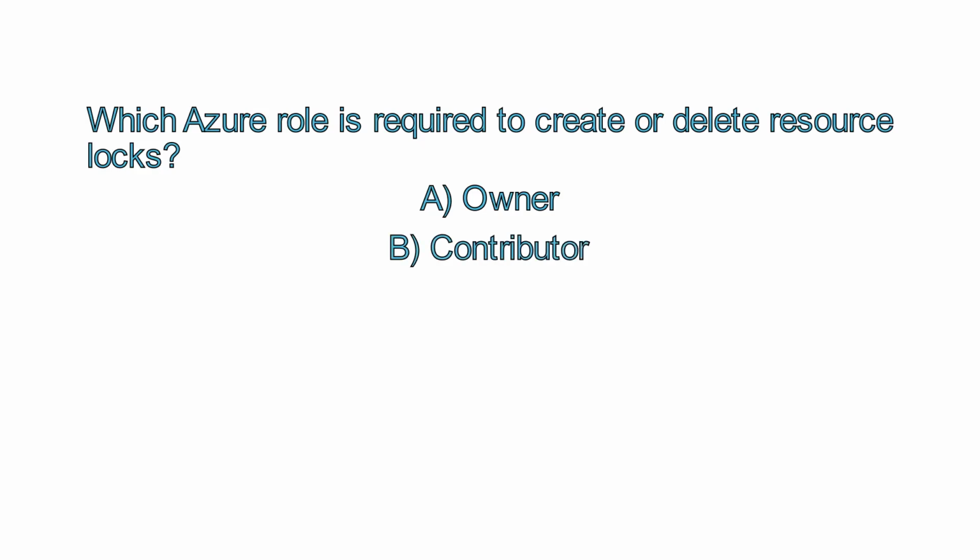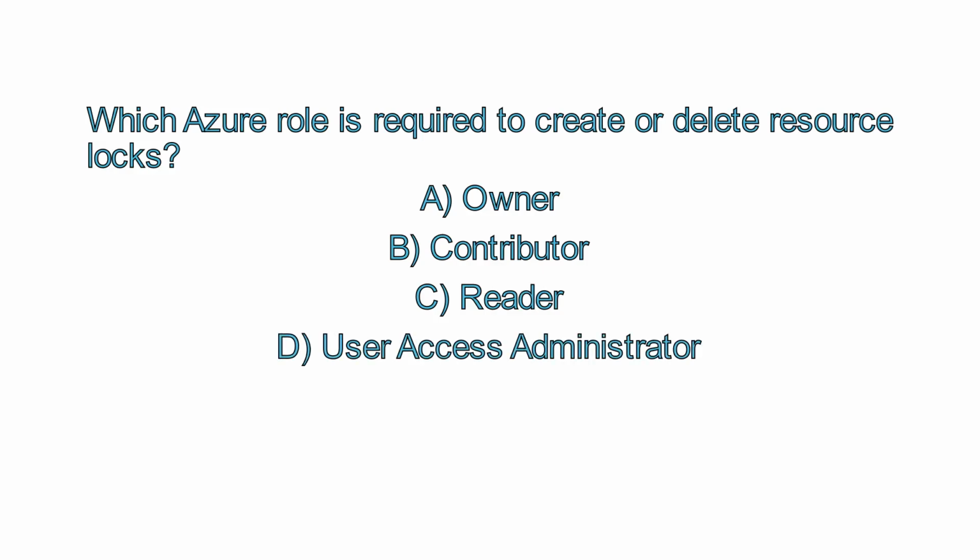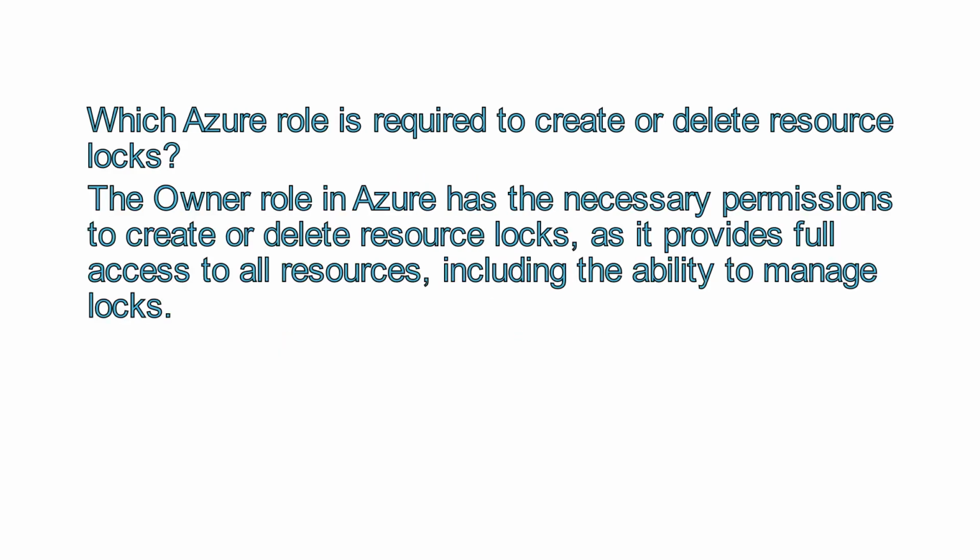B. Contributor. C. Reader. D. User Access Administrator. The correct answer: Owner. The Owner role in Azure has the necessary permissions to create or delete resource locks, as it provides full access to all resources, including the ability to manage locks.